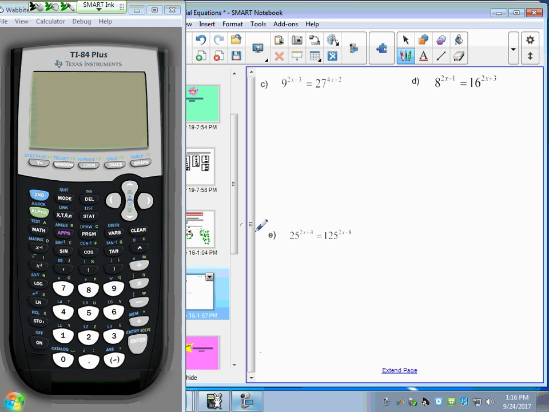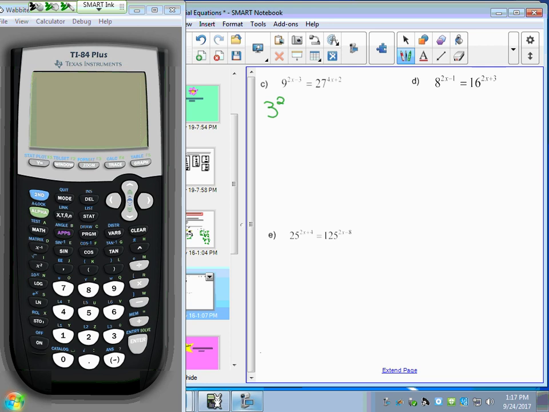You can see we're getting a little more complicated here. So now we might have to change two numbers. So in this case, we can rewrite 9 as 3 to the power of 2. 3 to the power of 2 means 3 times 3, which is 9. But then we still have that 2x minus 3 there.